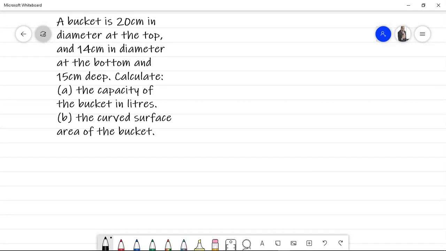Okay, so we're going to look at a sketch of how a bucket looks like. So let me start my solution from here. Let me quickly see how I can simulate how a bucket looks like. I'm sure we can relate with this.